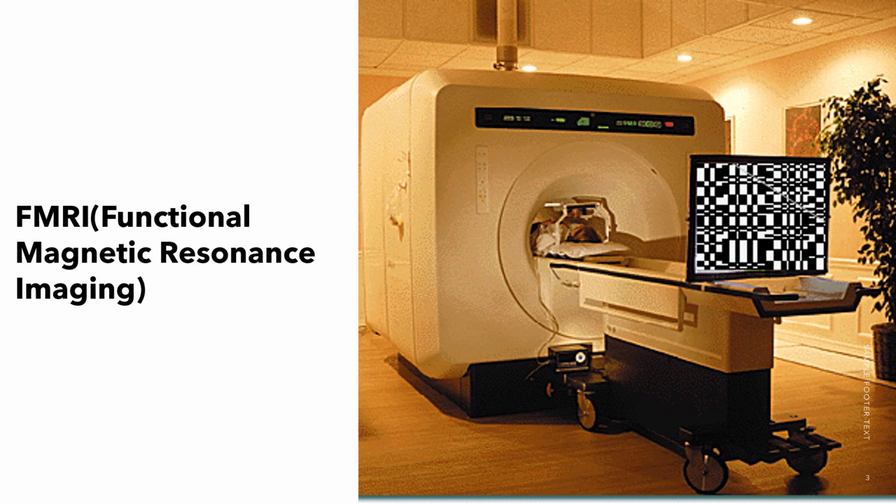And when the radio waves are applied to the magnetic field, the hydrogen atoms in the body tissue respond by generating signals which are detected by the scanner. These signals are then further used to create a 3D image of the brain, which can help us to analyze, identify specific areas of the brain.